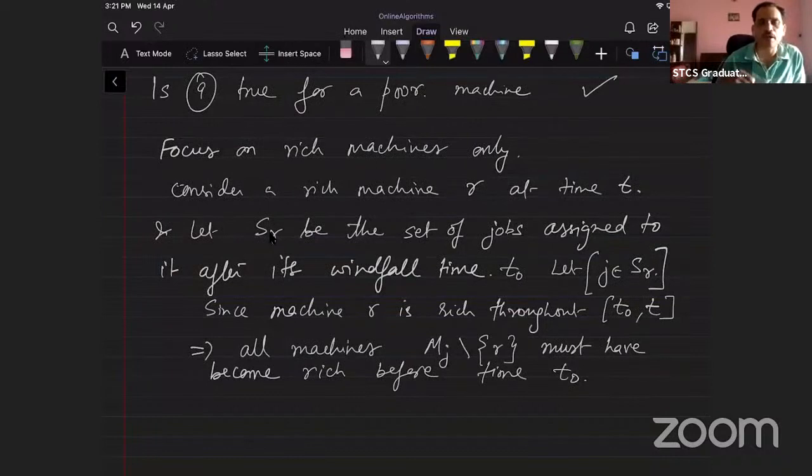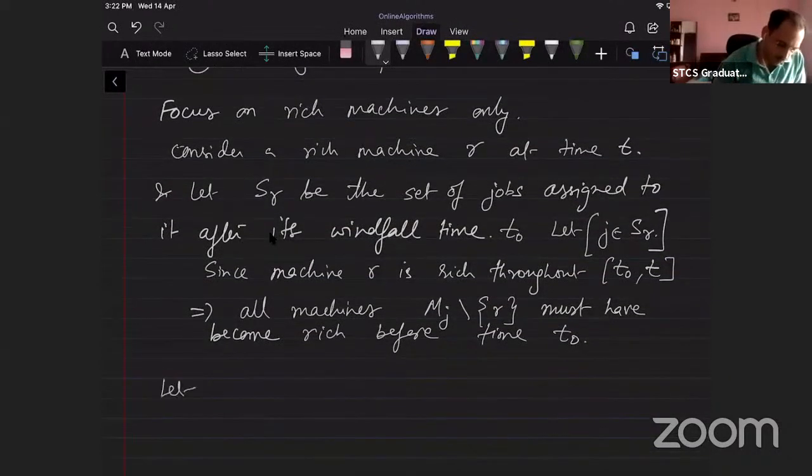That if I'm assigning a job to a rich machine, that rich machine also became rich the most recently. That is just by the definition of it. Is that okay? That is why MJ without R must have become rich before time T0, because of the choice of job J being assigned to rich machine R.